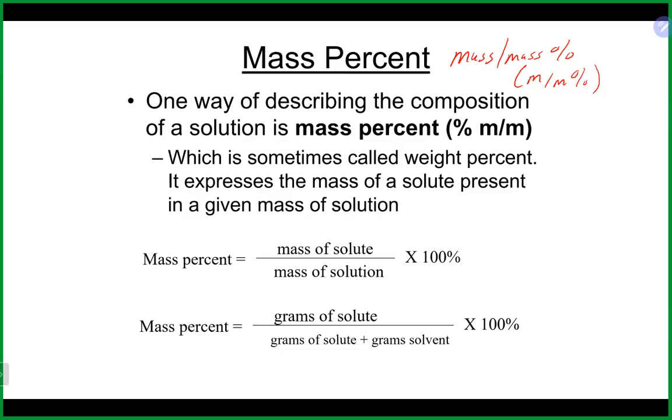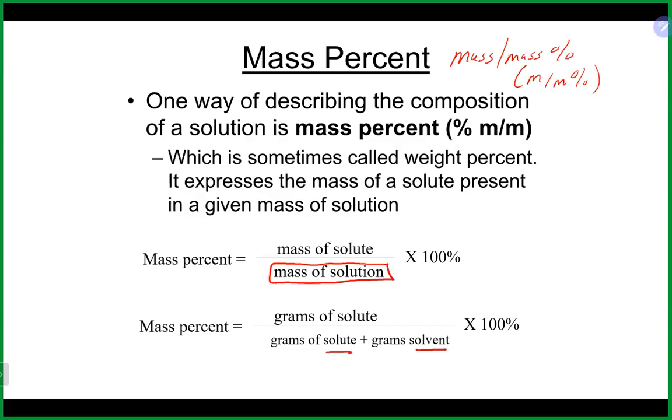Now, the mass percent is the mass of the solute over the mass of the solution times 100%. The important part of this calculation is actually the bottom. Remember, as we talked about, the solution is really made up of two things: the solute and the solvent.